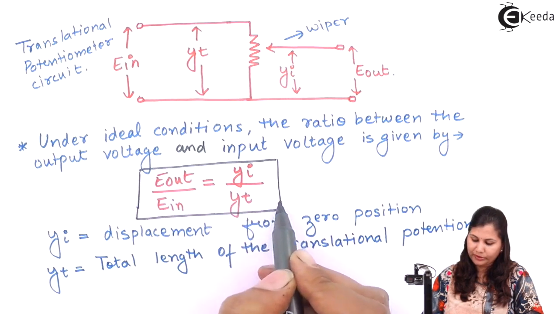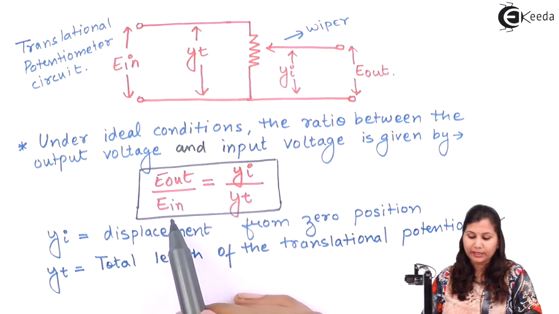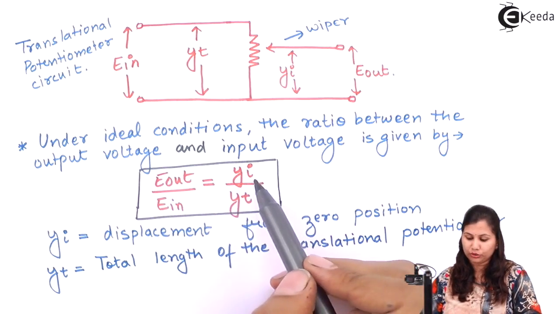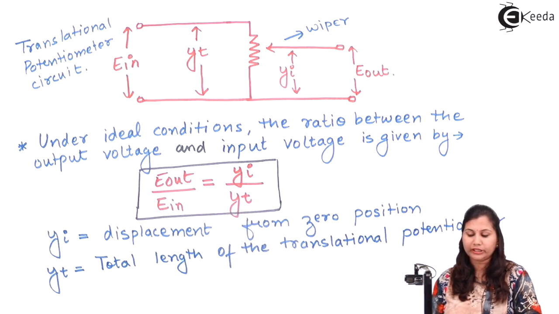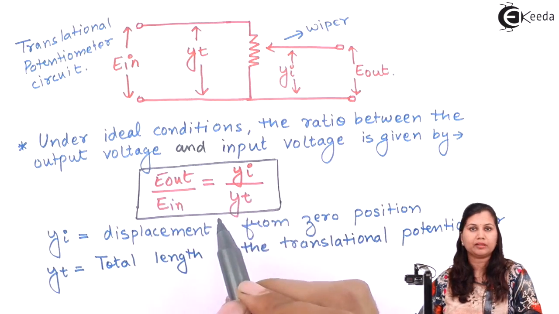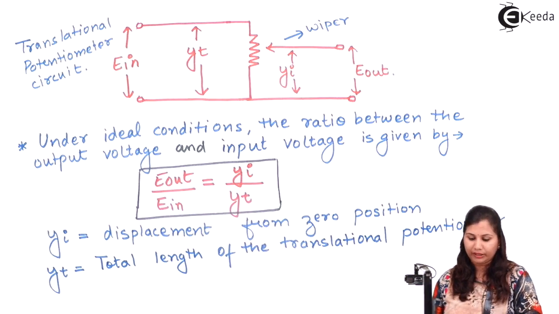From this ratio, we can find out the value of the output voltage, because the input voltage is given to us. We know the displacement of the wiper from the zero position and also the total length of the translational potentiometer. So these three variables are known to us, and we can find out the value of the fourth variable.